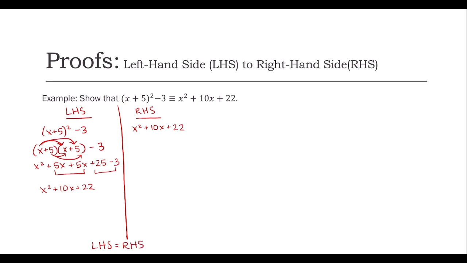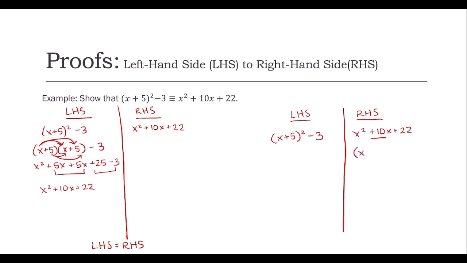With this one, we could also try solving the right-hand side to make it equal to the left-hand side. So if we set that up, we have left-hand side, right-hand side, x plus 5 squared minus 3, x squared plus 10x plus 22. So our left-hand side is in vertex form, so we'll try to switch our right-hand side to be in vertex form. So we'll have x plus half of our b value.